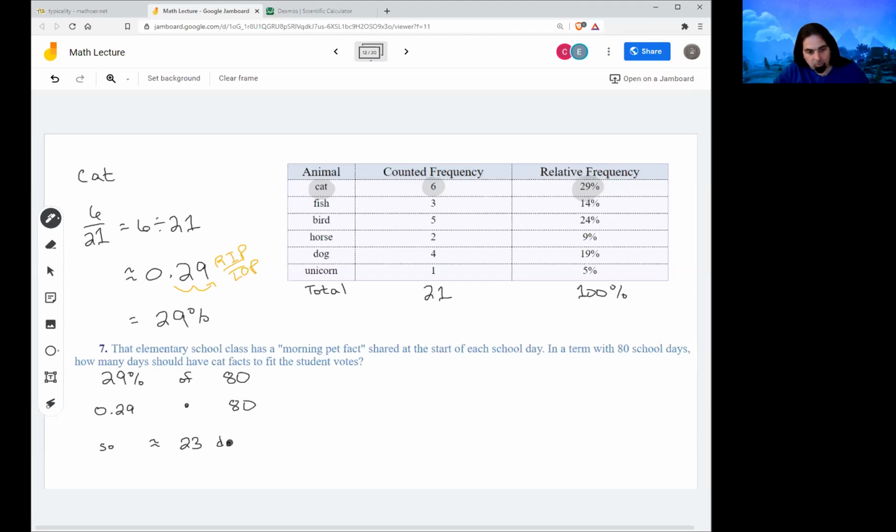Other people might say, Cheryl likes percents, but I like cross multiplying. So what I would do is make a proportion. 6 out of the 21 votes, that's one situation, should go with a certain number out of the 80 days. That's the other situation. So 6 cats out of 21 total, Y cat days.